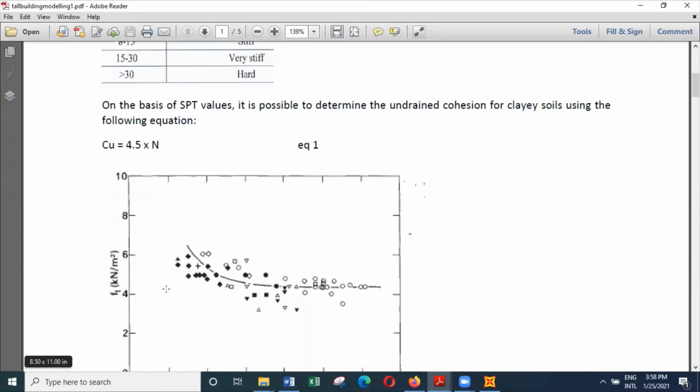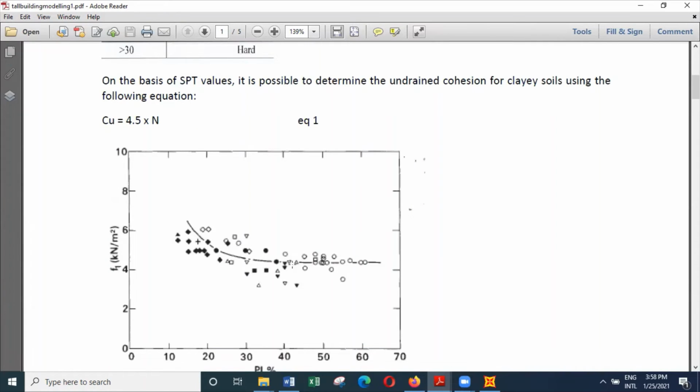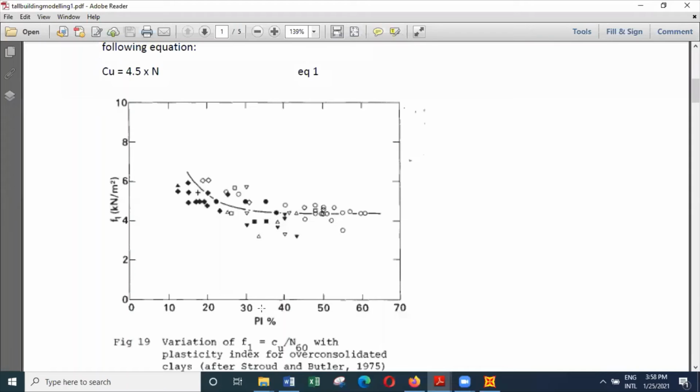And that actually comes from this particular experiment. And there you can see when the plasticity index of the soil is in this region, which is a very weak soil, or when the plasticity index is in this region, when it's a stronger soil, a value like 4.5 is a very reasonable figure to relate the undrained cohesion with the SPT value.